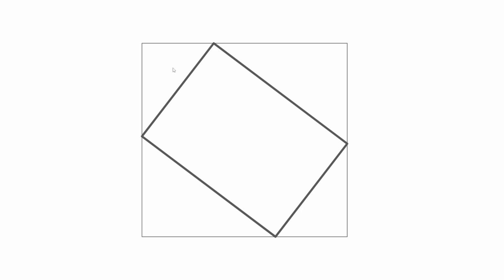It's set so that the rectangle is touching the outermost vertices, okay? The important part is that this rectangle is always perpendicular to the screen. No, it's not rotated, it's always like this.